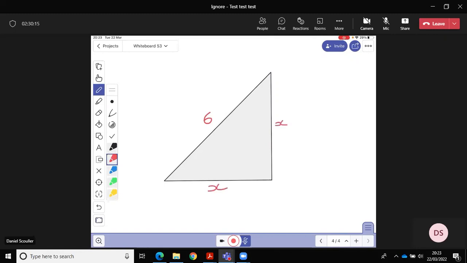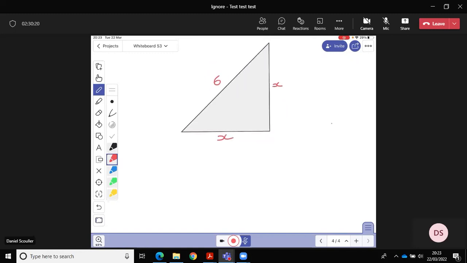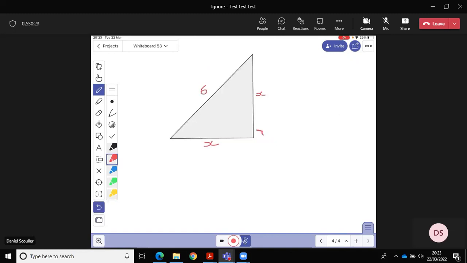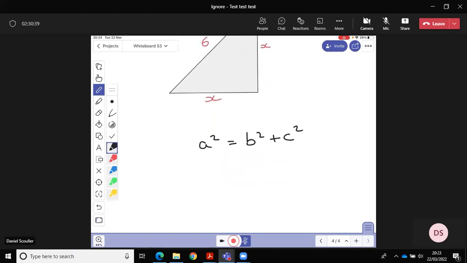Because it's a square, that side is also x. So, right angle triangle, I want you to come up with an expression for x, work out what x is. So you're using the rule a squared equals b squared plus c squared. Now some people write that out differently, so I'll write it out fully. It's long side squared is equal to the two short sides squared.